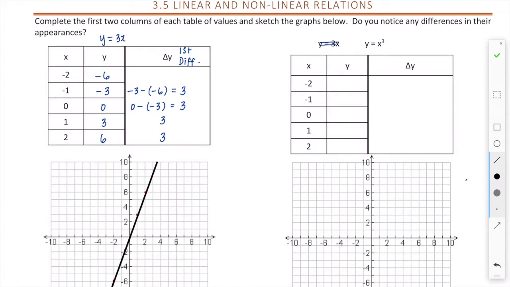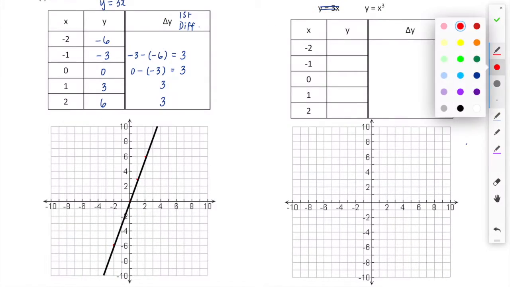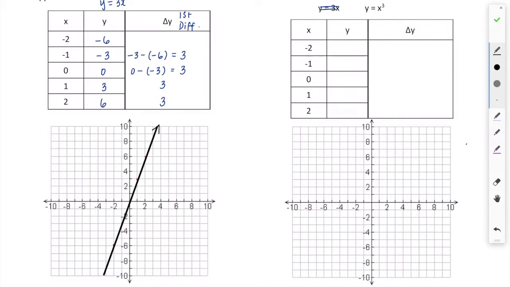May not be perfect for now, but we can fix it anyway. Okay, so let's put arrows on the line as well. So obviously this is y equals 3x. Let's label the x-axis and the y-axis. So we have completed the first graph, and obviously this is a linear relation.